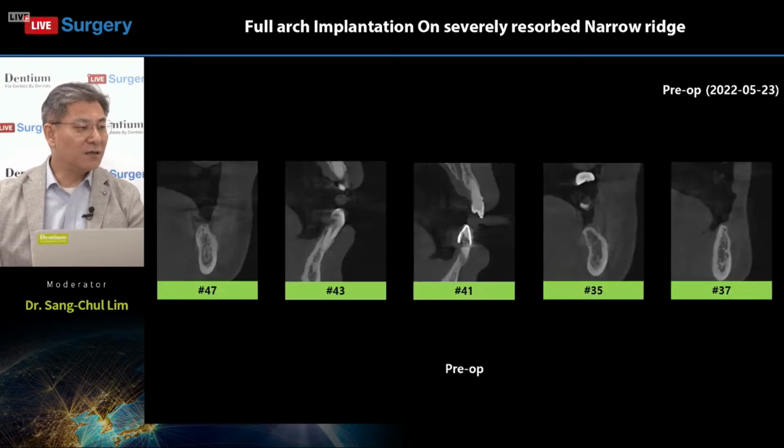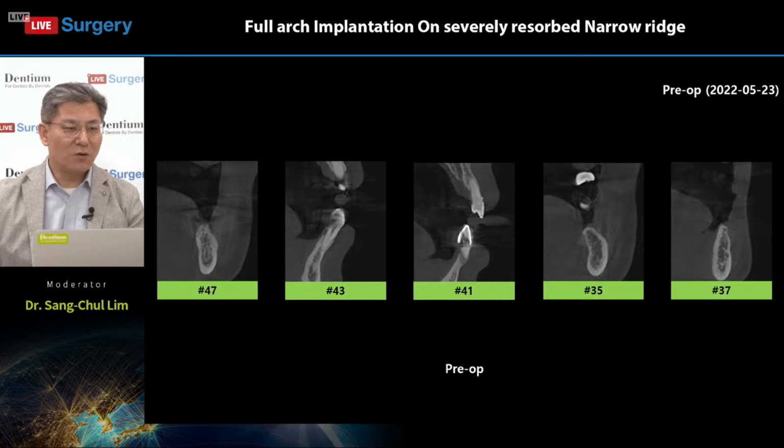About the CT scan: number 47, narrow ridge but acceptable, vertically and horizontally better than other ridge areas. Number 43, canine area, very narrow ridge, and the canine condition is also poor. Number 41 is the same as before, and number 35 is a very narrow ridge.